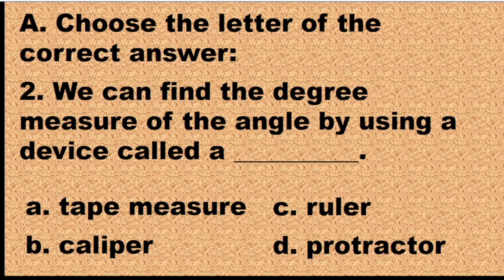Number 2. We can find the degree measure of the angle by using a device called A. Tape measure, B. Caliper, C. Ruler, D. Protractor. Your timer starts now.